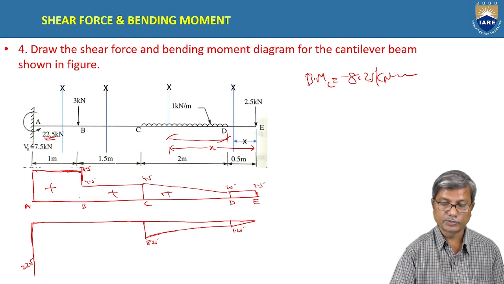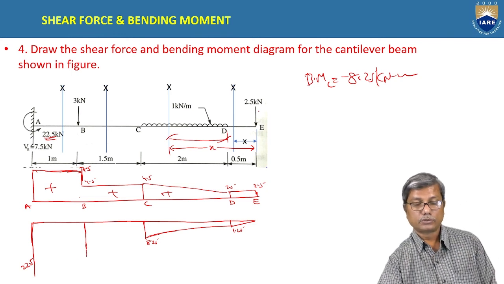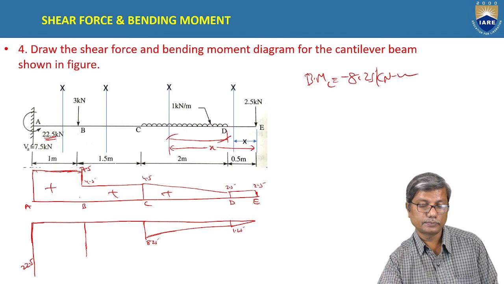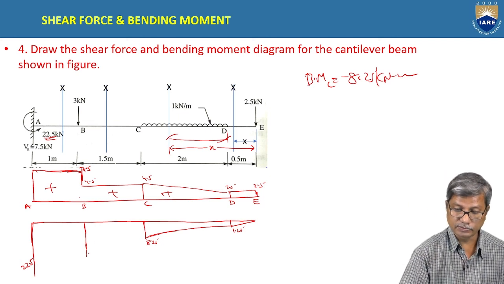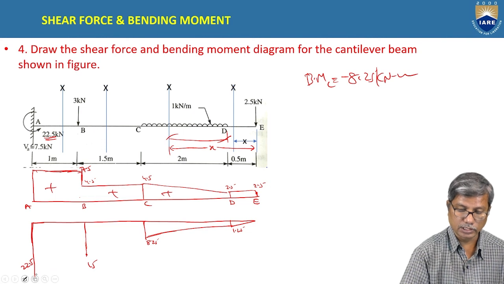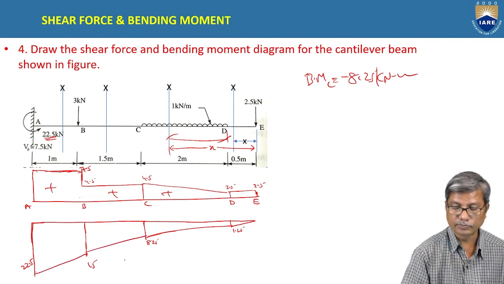And between B and C, what is the bending moment at B? So 2.5 into 4, that is 10, and 2 into 2.5, that is 5, so 15. That is 15 here. And these are straight line variations only.